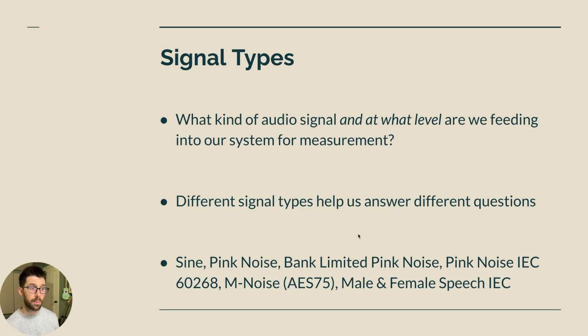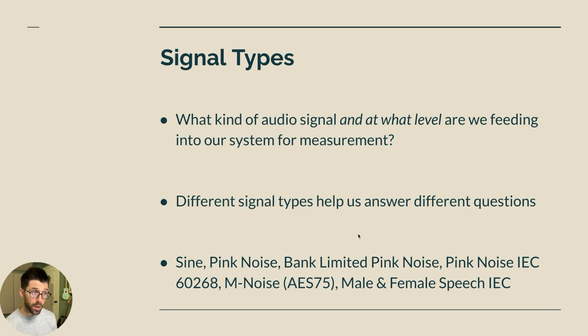The main ones that we're going to be working with are a sine wave, so an individual single frequency; pink noise, which is equal energy per octave from 20 hertz all the way up to 20,000 hertz, since that's the range of human hearing. We have band-limited pink noise, so that is pink noise limited to a specific range. We have pink noise IEC 60268, which is basically a tilted version of pink noise that more resembles musical content.